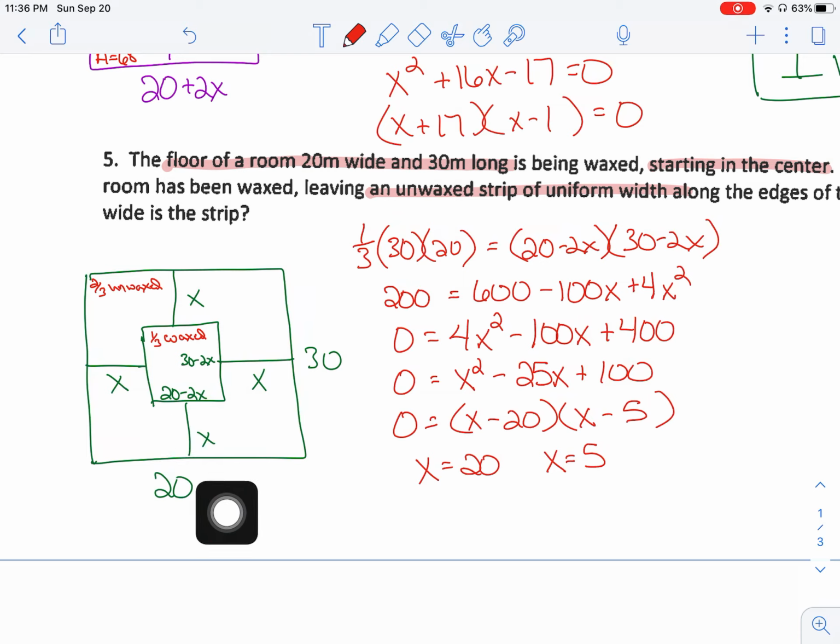You can either logic through it that way or check. Put it in here: 20 minus 2 times 20. 2 times 20 is 40. 20 minus 40 is negative. That does not make sense. It doesn't even matter if the other side would work. As soon as you get a negative dimension, when we're talking about length or width, any kind of measurement of distance, you don't have a negative measurement there.